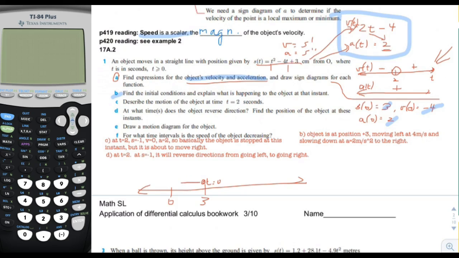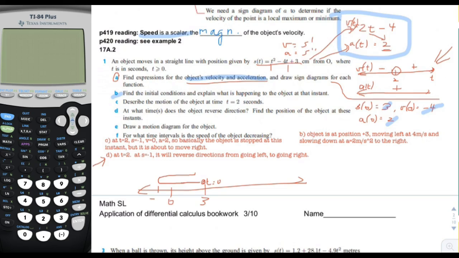And at some point, it is going to turn around, which we just found here. At t equals 2, and at s equals -1, it's going to go from left, and it's going to start going right. So it's like that instant right there. So this is going to be at s equals -1, it's going to turn around.